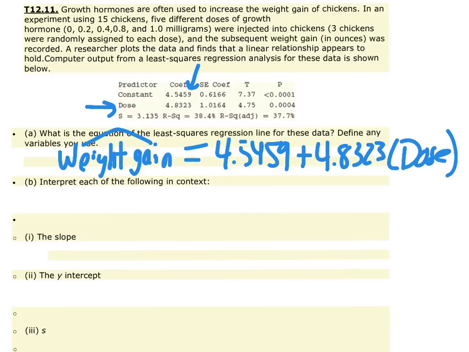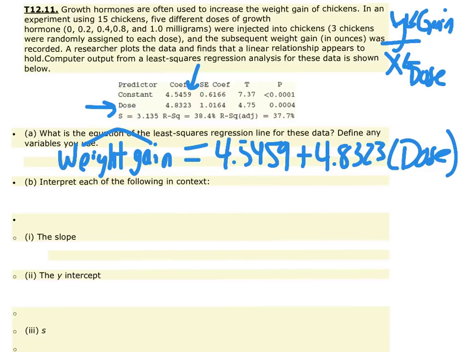Part B, interpret each of the following in context. First is the slope. So the best way, I think, to say the slope is to think about it in terms of like rise over run, or, you know, the y over the x. In this case, we know that our explanatory variable, or our input, is the dose, and then the response, or the y, is the gain.